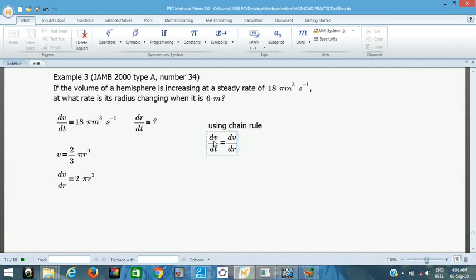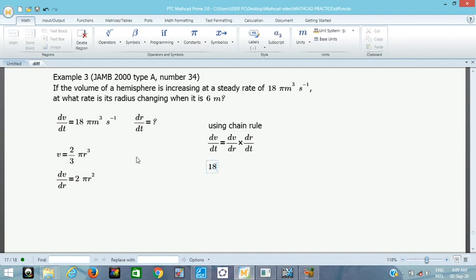Let me multiply and see first. dr/dt. See, it's giving us dV/dr times dr/dt. So dr can cancel dr, so we are correct. dV/dt will be equal to dV/dt. Since this is correct, that means we can move on. So what is dV/dt? dV/dt is giving us 18 pi.